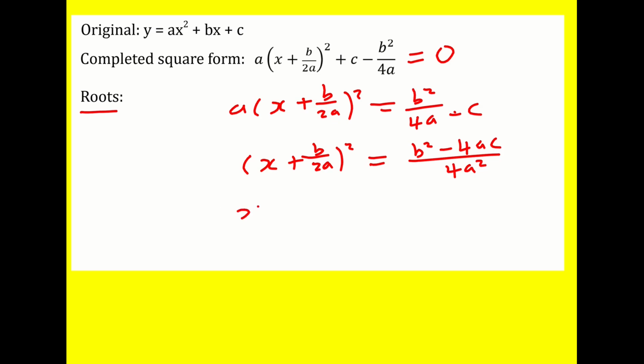It's going to be x plus b over 2a. It's going to equal the square root of this, plus or minus.